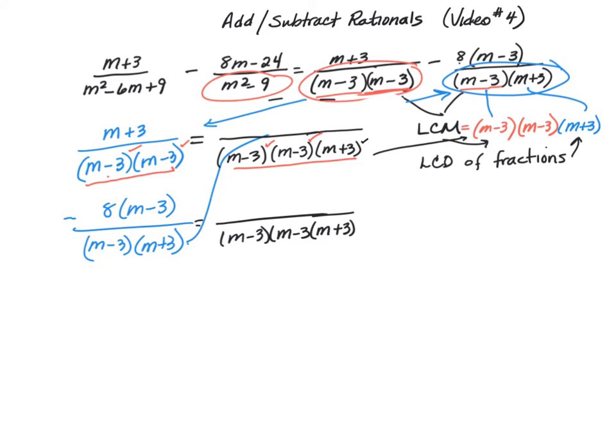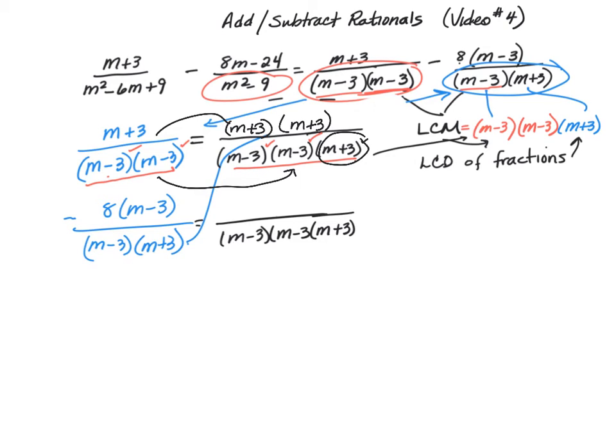This m plus 3 has to be incorporated into our numerator. So I bring over my m plus 3 that's here. What do I need to make this denominator and that one equal? It was this m plus 3 here. If I multiply by m plus 3 on the denominator, I must do so on the numerator. So I have my new numerator.